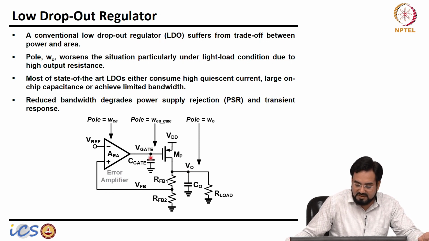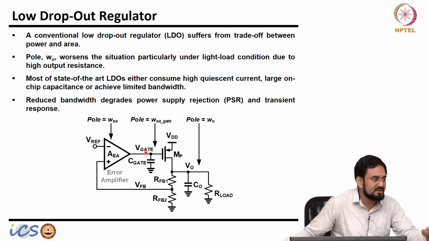Usually we use dominant pole compensation or Miller compensation and make sure that the pole at V gate is inside your UGB and this output pole is outside your UGB. Which means we are limited in bandwidth, and PSRR will also degrade. If I want to increase the bandwidth, what do I need to do?